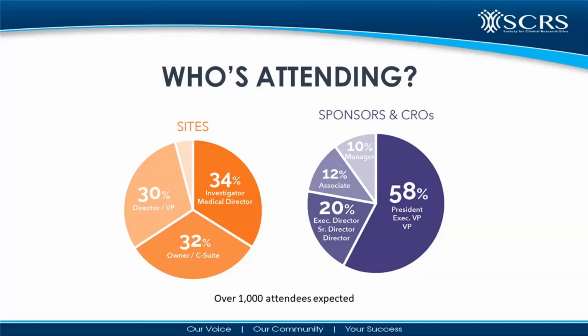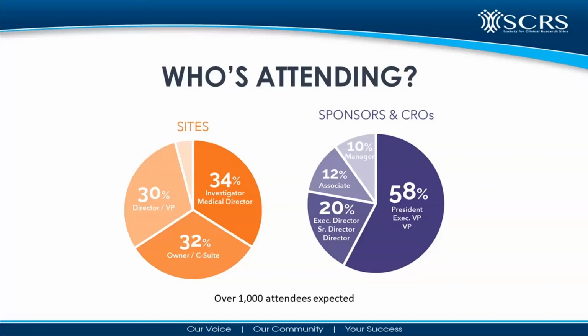One thing to share, particularly if you're new to the summit, it is a common misperception that the Society for Clinical Research Sites is only sites. Members are only sites, but attendees at our meetings are really the entire enterprise. We don't have a whole lot of patients that attend, but we do have patients that speak. But you will meet sponsors, you will meet CROs, and you will meet sites, and certainly other solution providers at this meeting for certain.